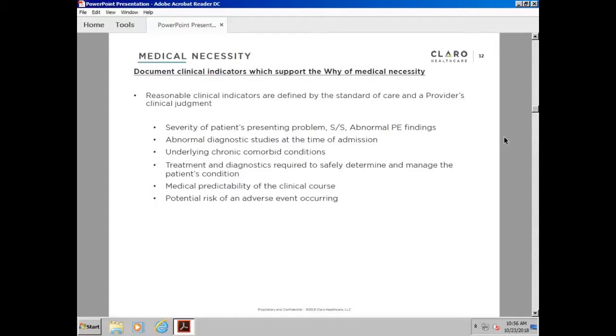Treatment, diagnostics required to determine and manage that patient's care, and that predictability. So we were just talking about the TIMI scores. I don't know what scoring you use for some of your chest pain patients. I know there's a lot of different scorings for looking at risk adjustments for those kinds of patients. Some clients, I know, use that TIMI score to look at the risk of those chest pain patients.